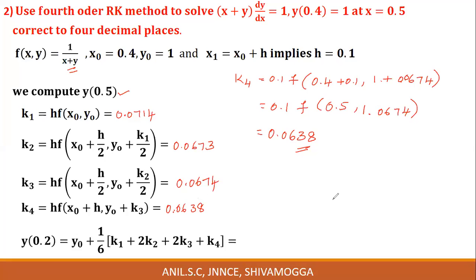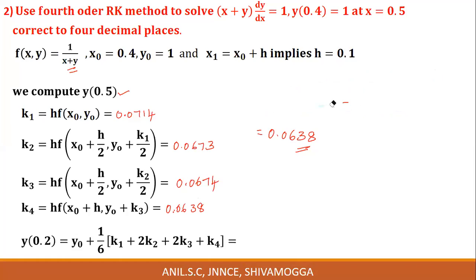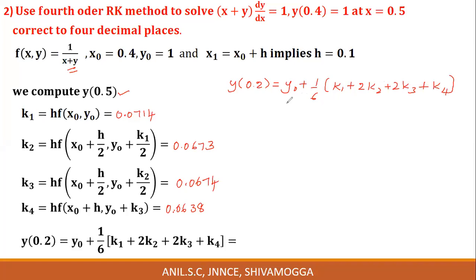Let's calculate y of 0.2, or y of x1. y of x1 is given by y naught plus 1 by 6 into k1 plus 2k2 plus 2k3 plus k4. You have all the 4 components along with this y naught.